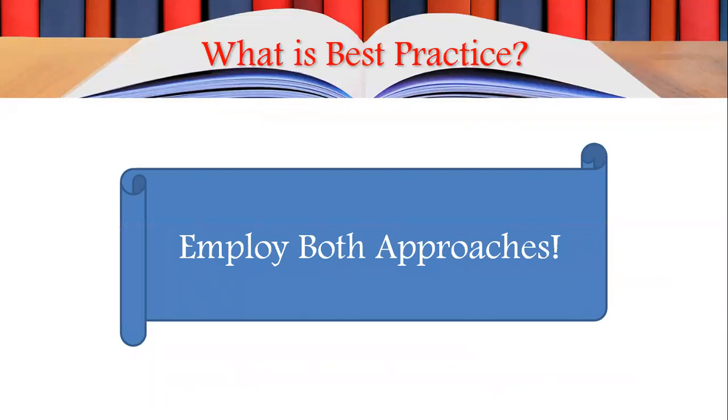In terms of best practice, I always like to encourage students to employ both approaches, right? Oftentimes you might begin with a top-down search where you are just reading through literature reviews, systematic reviews, and meta-analyses, just to give you a lay of the land and provide a foundation. Then from there, you might look at the reference list within those review studies to see what individual studies they included.